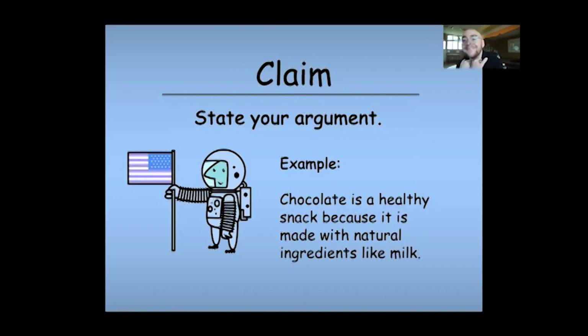I should be selected for this job because... Example: chocolate is a healthy snack because it is made with natural ingredients like milk, right? So the claim is chocolate is a healthy snack because it is made with natural ingredients like milk. It doesn't have to be true. It's just the claim that you are making, right?